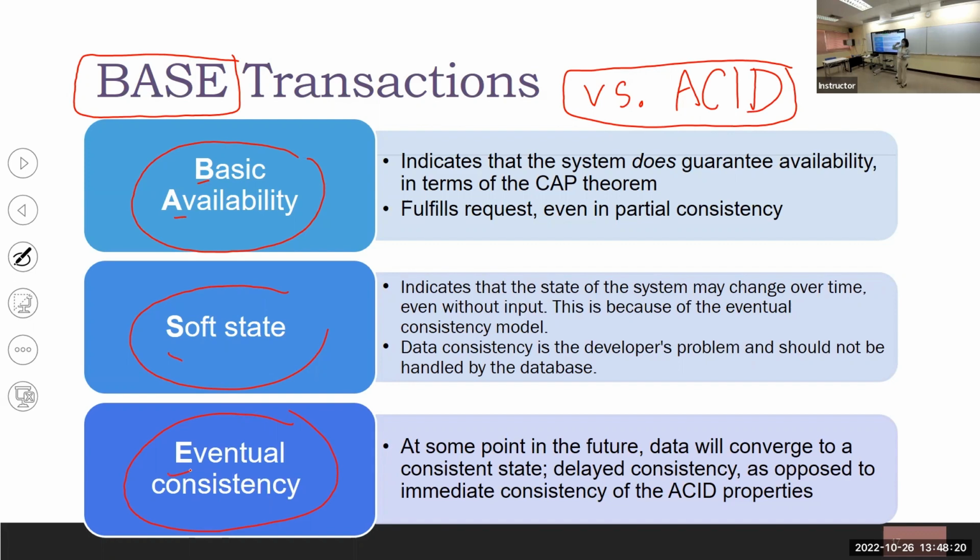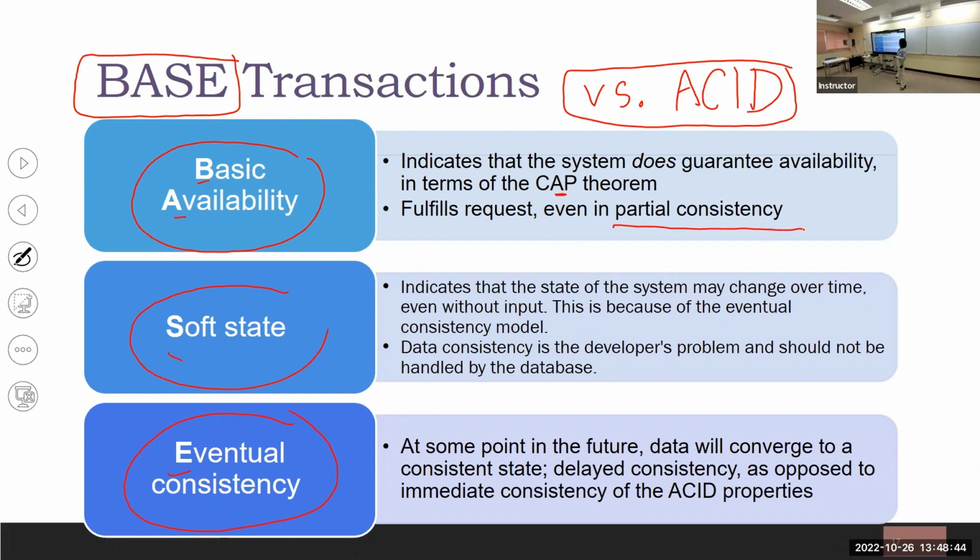So for NoSQL, you could see clearly that NoSQL somehow would value availability more than consistency, but maybe not zero consistency, right?